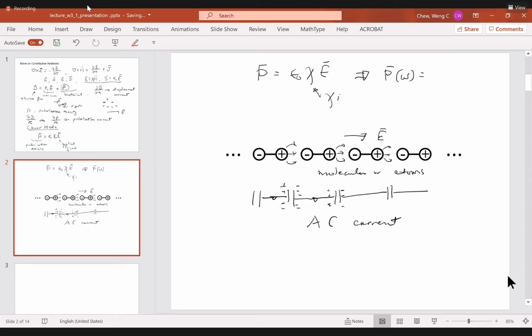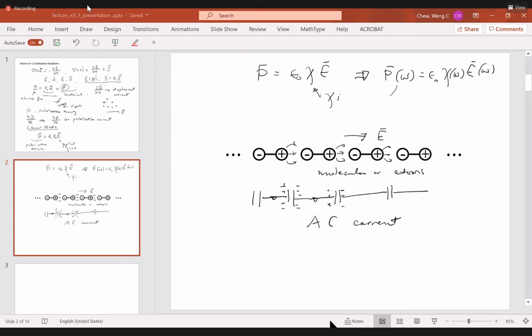Epsilon naught is a constant, but chi usually is a function of frequency. So in the frequency domain, the polarization density is related to the electric field in this manner. And for all of us who have studied electrical engineering before, we can translate this.